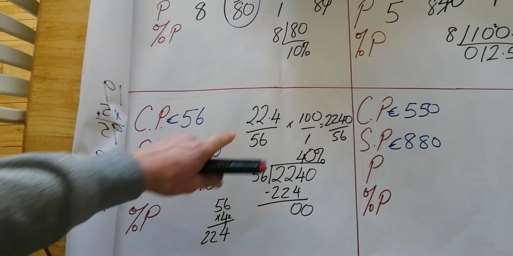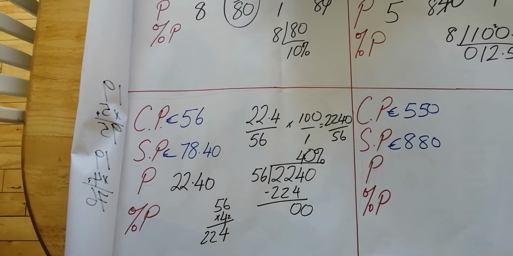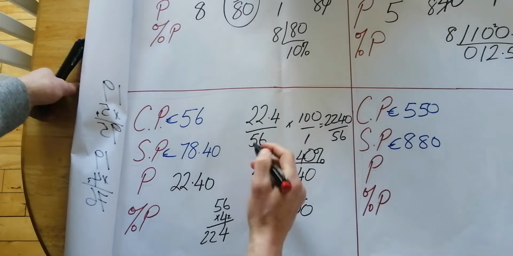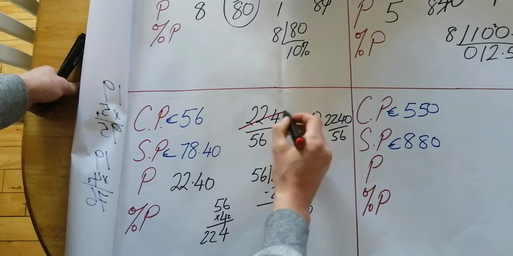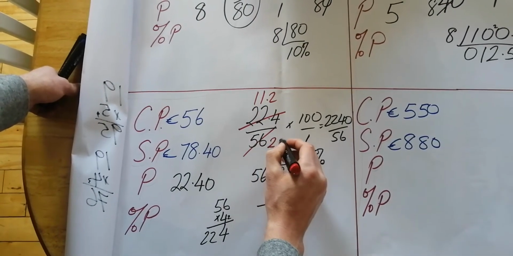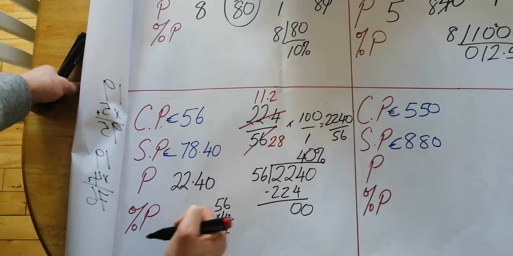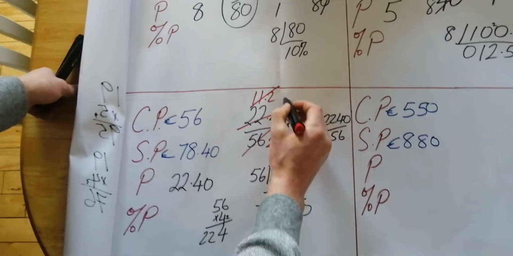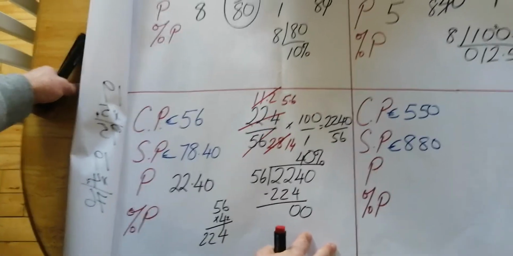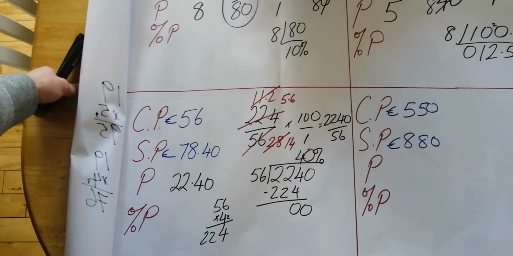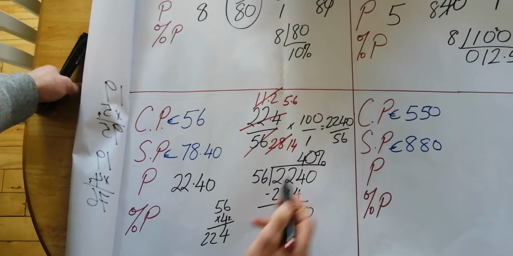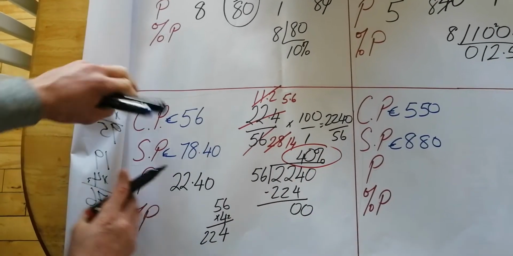Okay, 2/5. So if I actually cancel that down, I might have got it down to 2/5. If I had, let me see, 2 and go into both of these, I would have got 1.2, and that would have been 28, and that could have been divided by 2 again, 5.6, and that could have been 14. Okay, so this is where it gets tricky with the decimal points. And if I did it the same way, multiplying by 100 and dividing, I would have got the same answer. So answer was 40%.